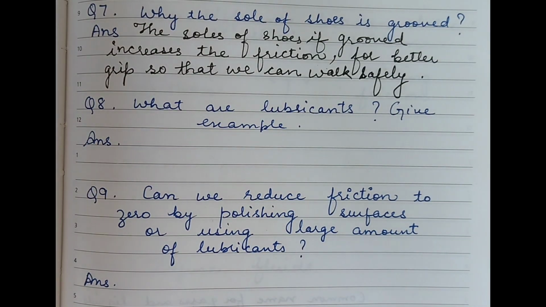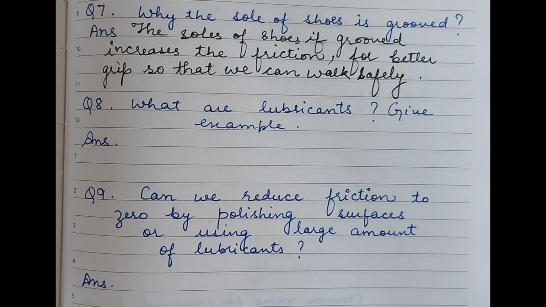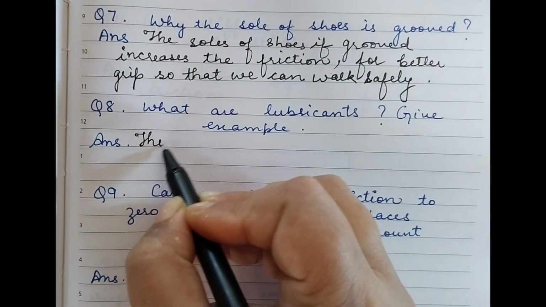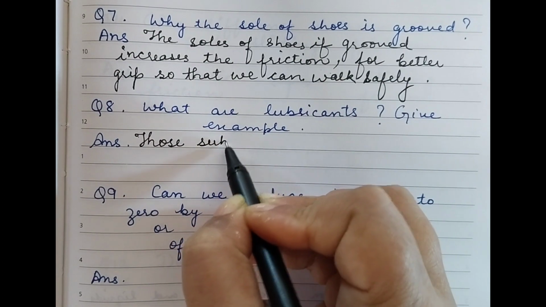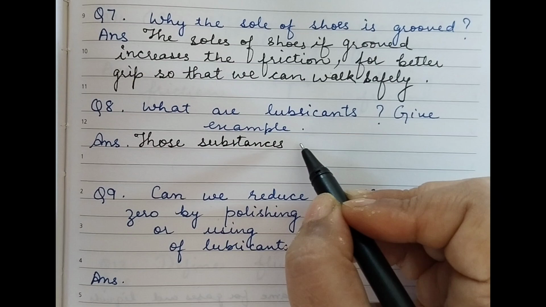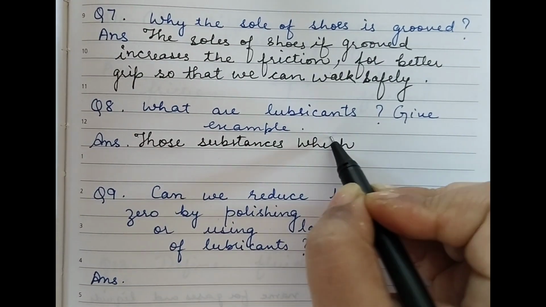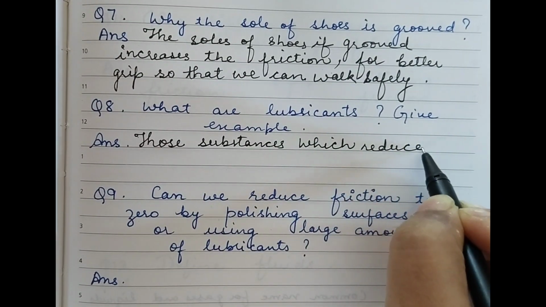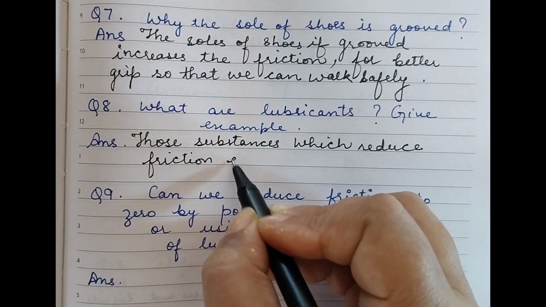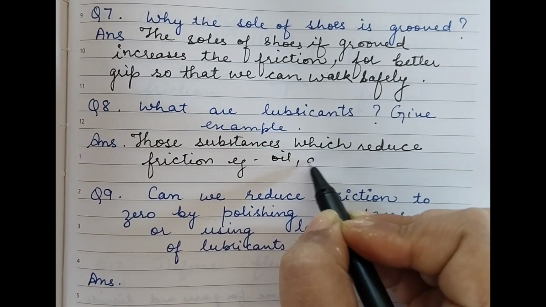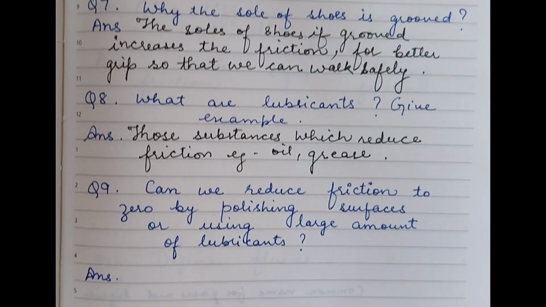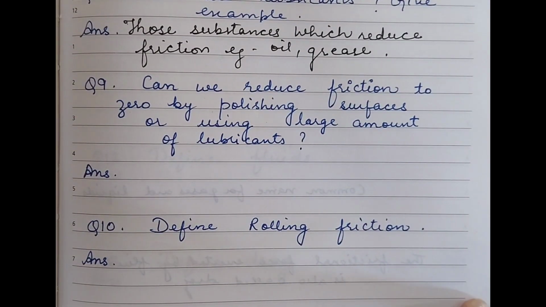What are lubricants? Give examples. Now, what are lubricants? Those substances which reduce friction. Example, oil, grease. These are the examples of lubricants. Next question. Question number 9.